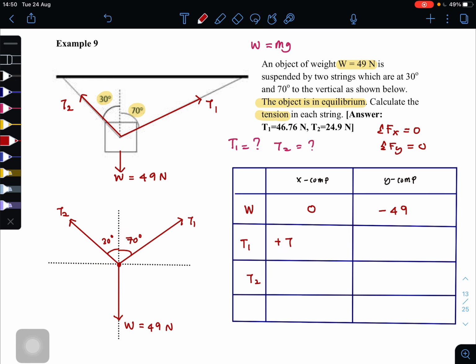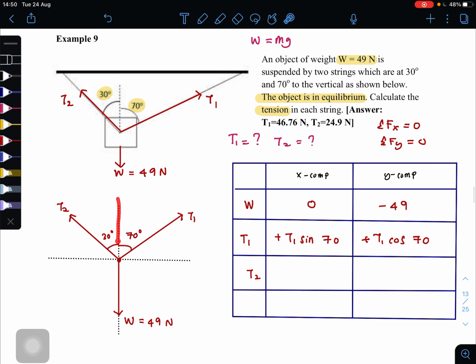So positive T, and since the angle is next to the y-axis, it will be sin 70. And for the y-axis, it is upward, so positive, T1 cos 70.